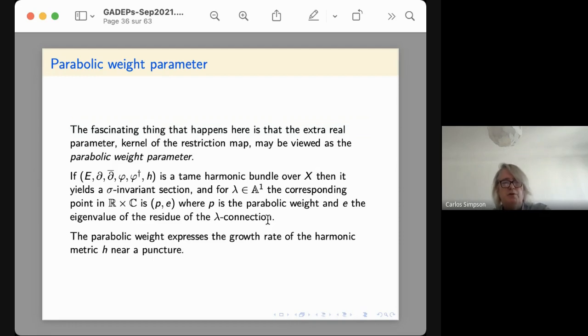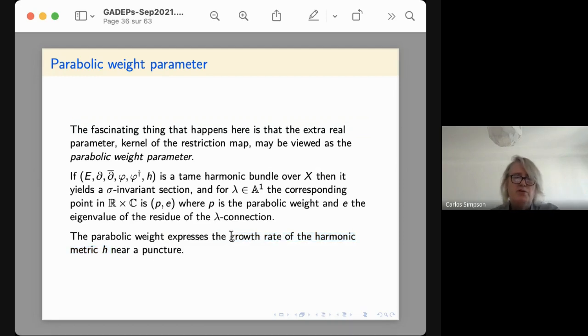Of course, historically, the first thing to look at was tame harmonic bundles. If you look at tame harmonic bundles, then we know that we actually do get a parabolic weight. In this case, the parabolic weight is the growth rate of the harmonic metric near the puncture.